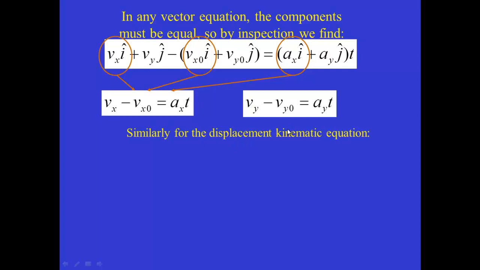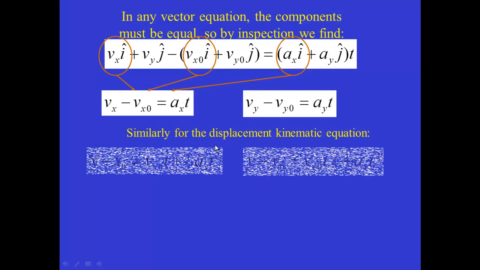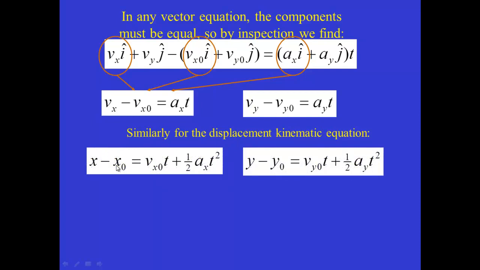Similarly, for the displacement kinematic equation, which is the delta x equation, x minus x0 is vx0t plus 1/2 axt squared, and the same thing for the displacement in the y direction.